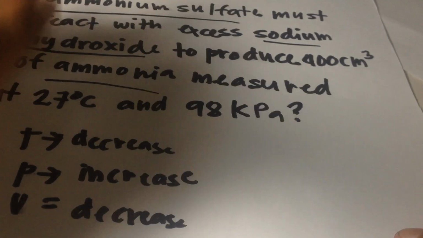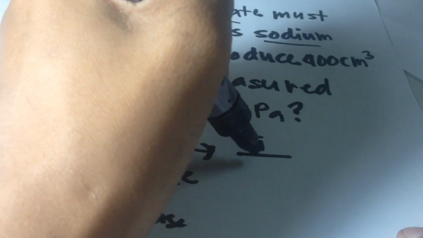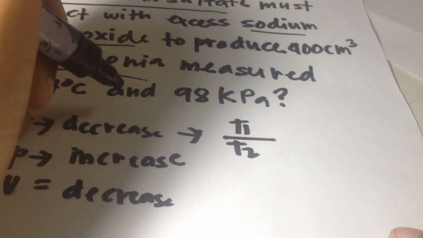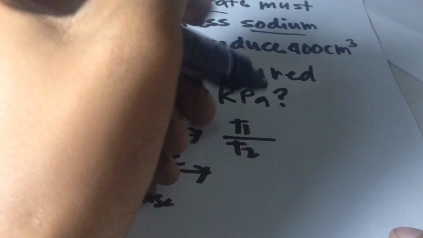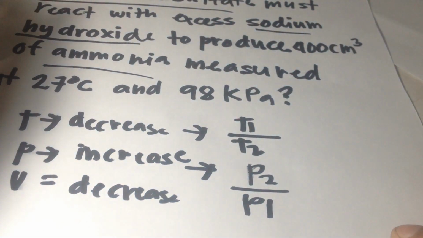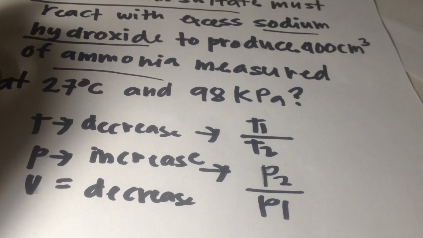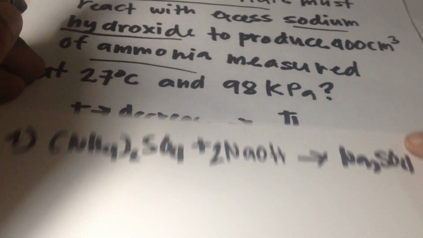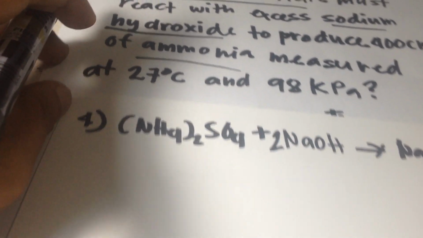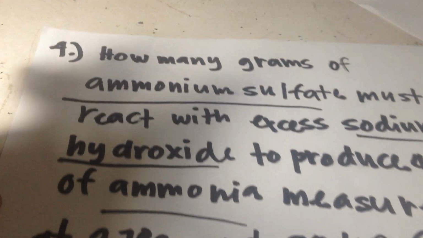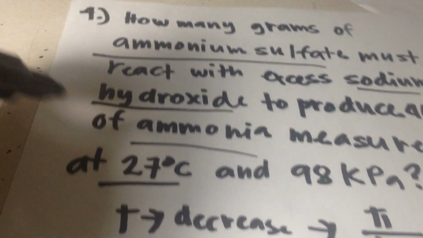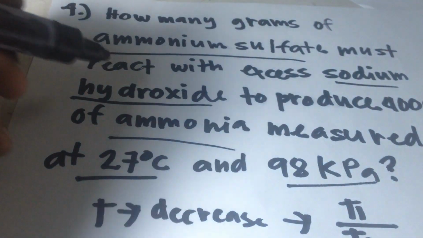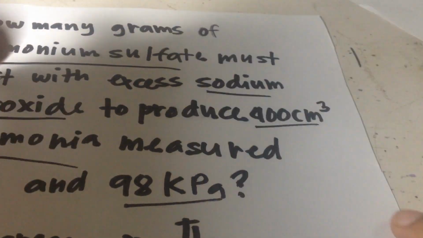So the temperature ratio is T1 over T2, and the pressure ratio is P2 over P1. So that's the ratio. So we need to get the mass of ammonia. We have a given temperature here and the pressure here, and the volume is given also.